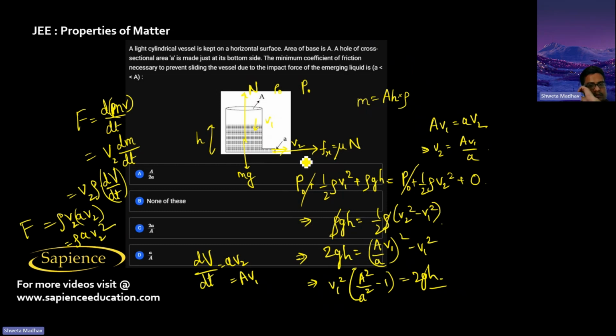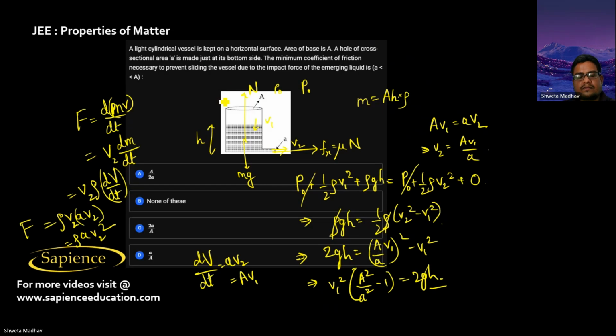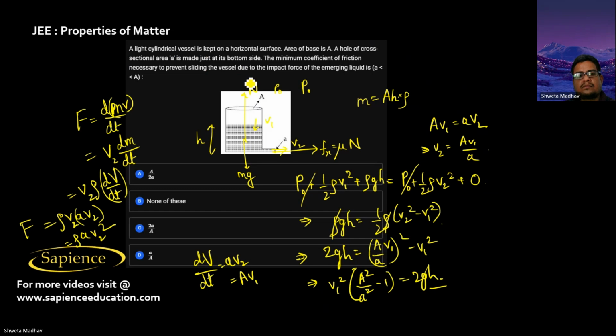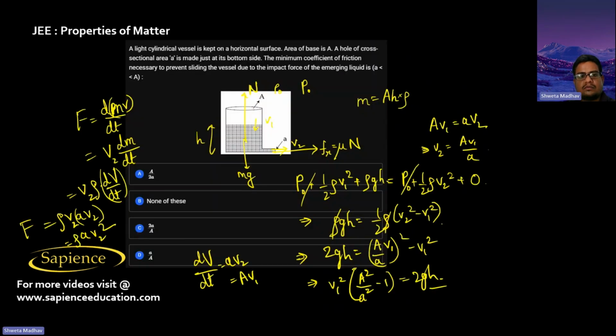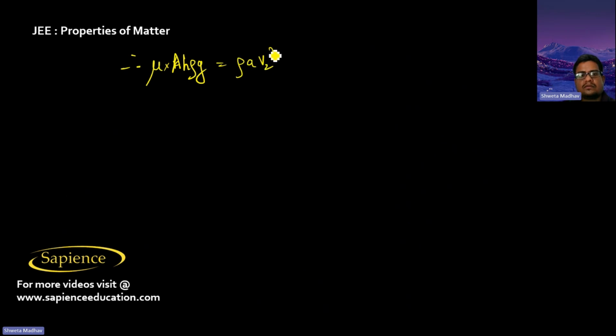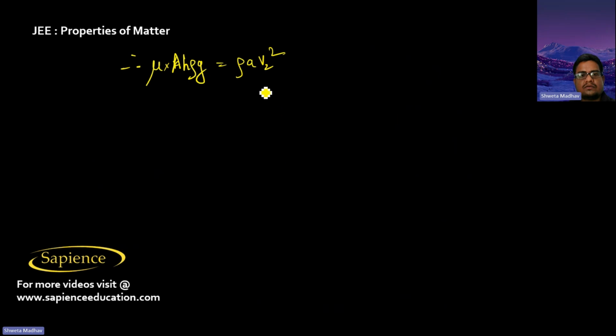Now friction should be equal and opposite to the force, which is mu times N. Therefore, mu times mg, which is A into h rho into g, mu and g, should be equal and opposite to this force, which is rho a v2 square. Now this minimum value of coefficient of friction is what we have to find out.